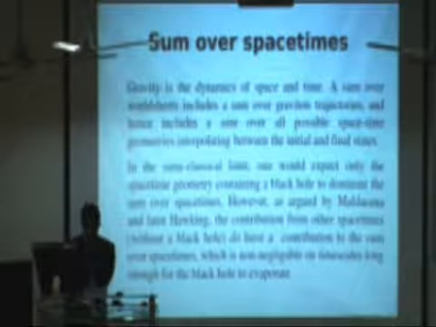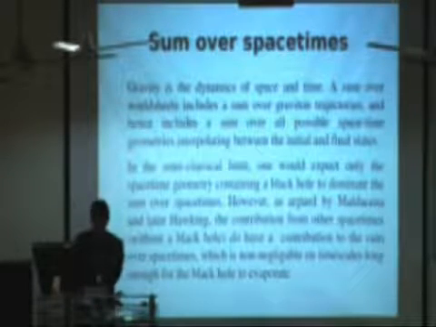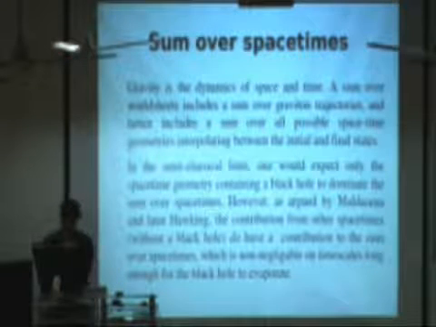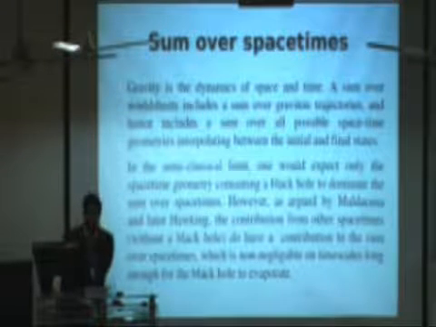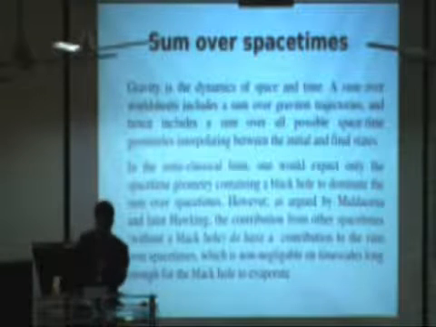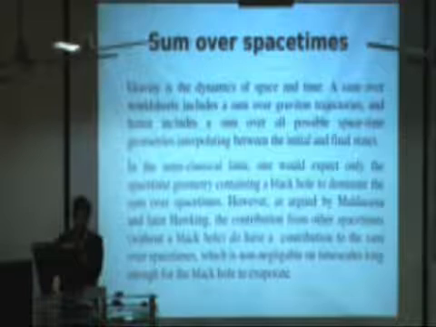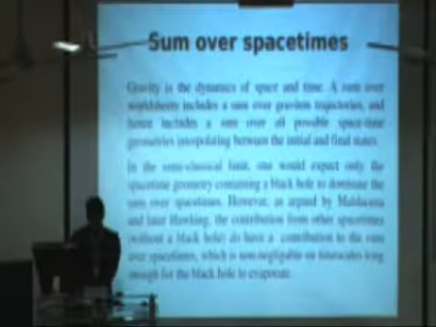And what is a more physical interpretation of it? Gravity is the dynamics of space and time. So since the sum over world sheets includes gravitational interactions, it can also be thought of as including a sum over all space-time geometries interpolating between the initial and final states.